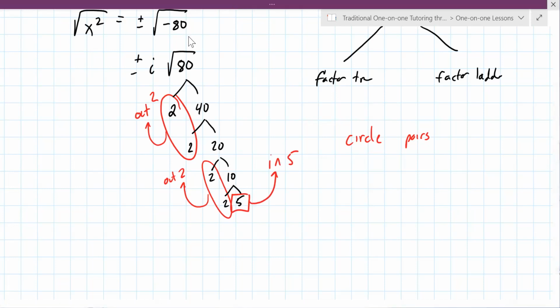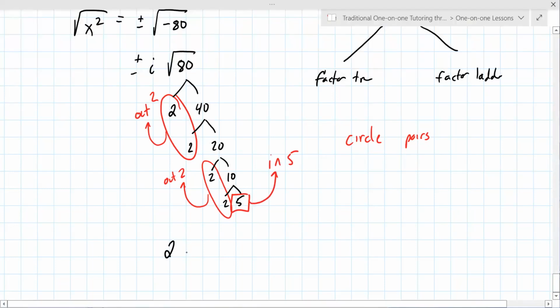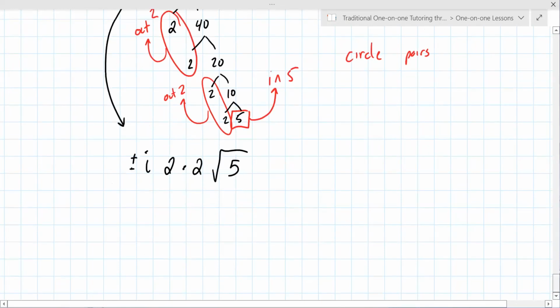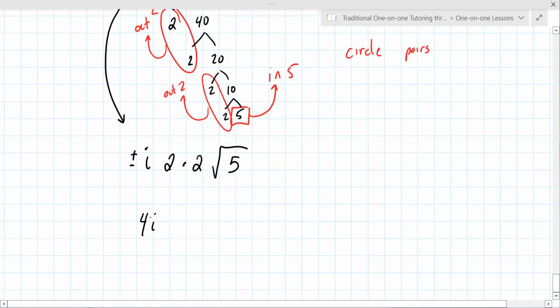And this is just the root part. So outside, there's a 2 on the outside, a 2 on the outside, square root of 5 on the inside. And this plus or minus i stuff still comes down like that. So it's plus or minus 4i root 5 like that.